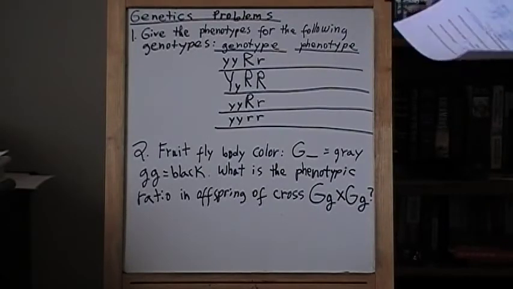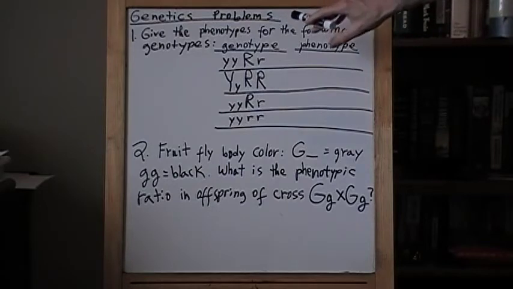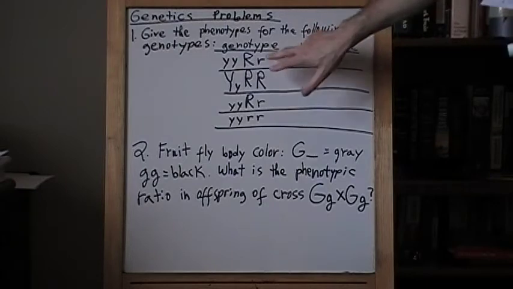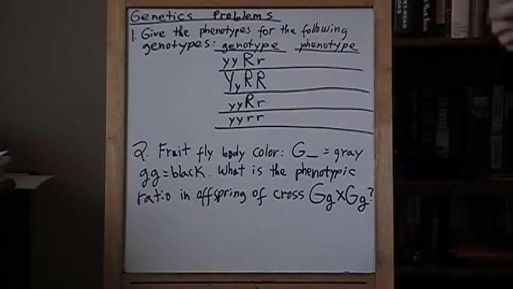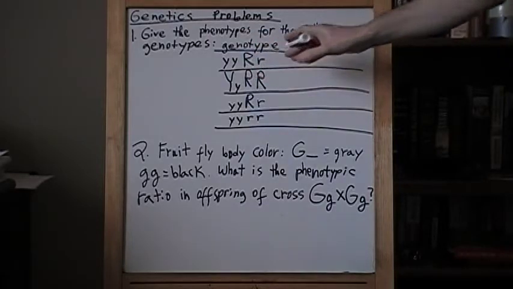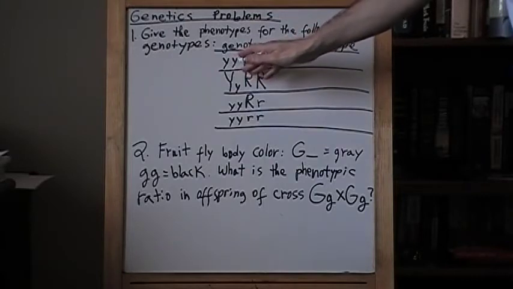Now let's work a couple of genetics problems. So the first one is to give the phenotypes for the following genotypes. So I've listed 4 genotypes here and I'm asking for the phenotype that corresponds to each genotype. So the first one, we have 2 little y's.